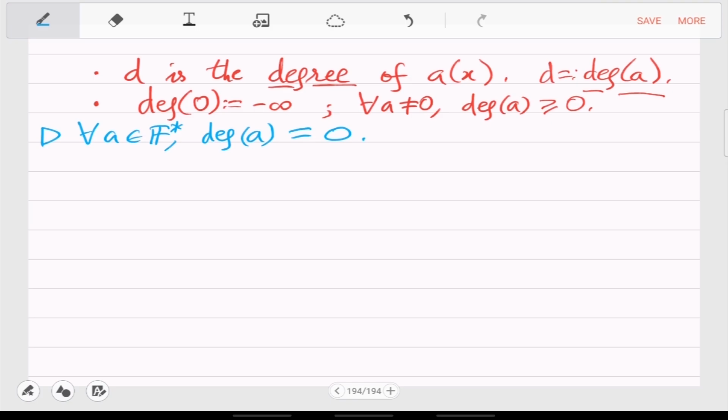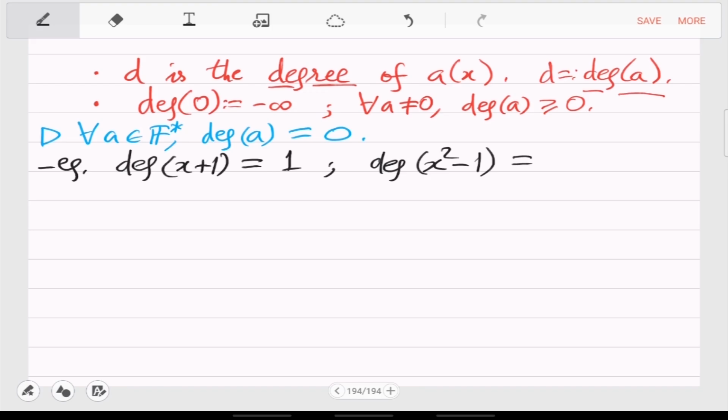And what is the degree of x plus 1? That is 1. And degree of x squared minus 1 is 2, and so on. So you get the idea.